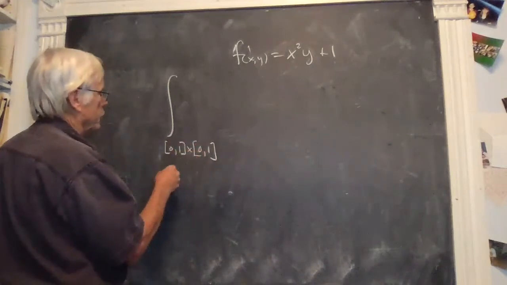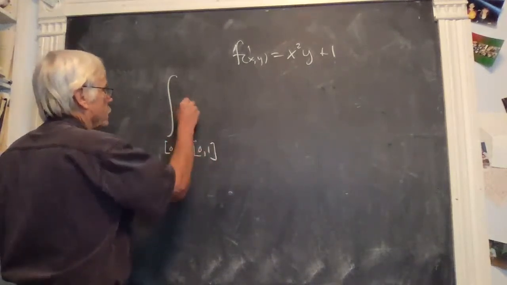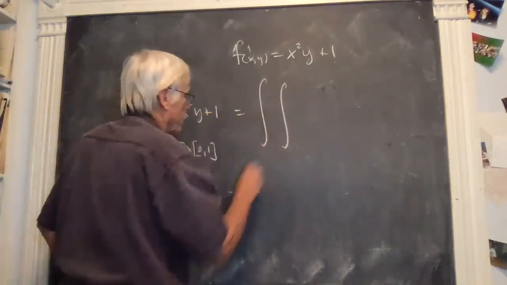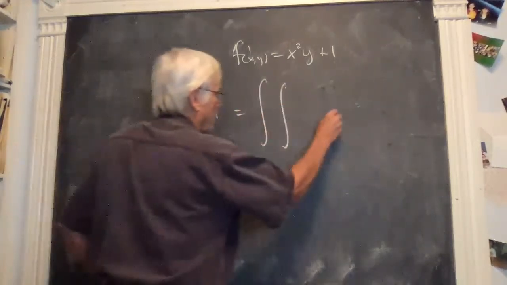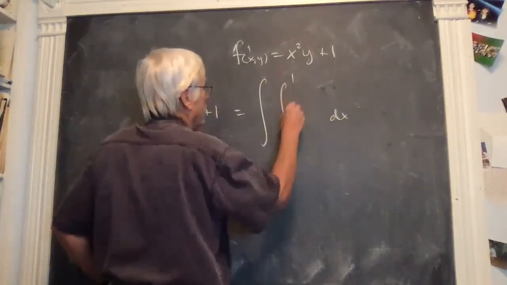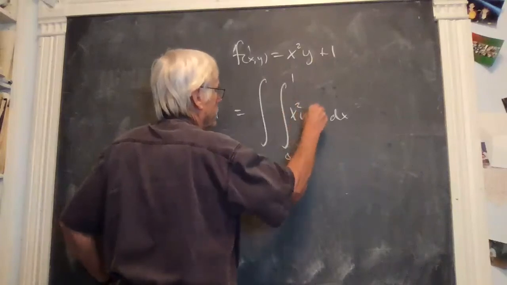This is a double integral of x squared y plus 1. And I want to write that as an iterated integral. X will go from 0 to 1. We're still integrating the same function.